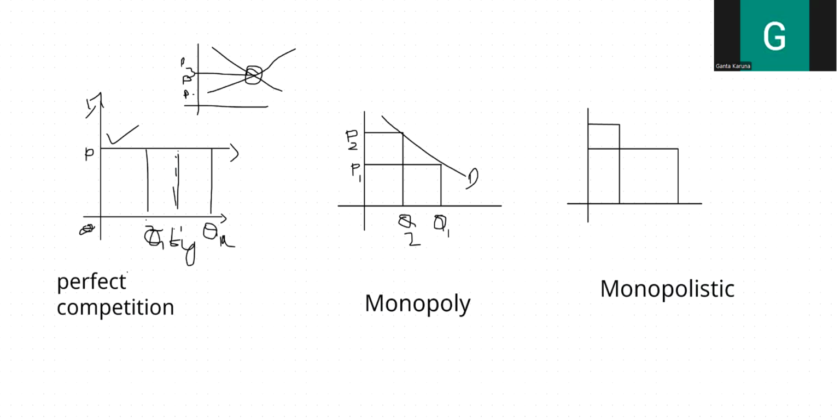Now when monopolistic competition comes, it is also going to have a downward slope only, the demand is going to slope onto the downward curve only. But here, in monopolistic competition, we are going to have differentiated kinds of products.